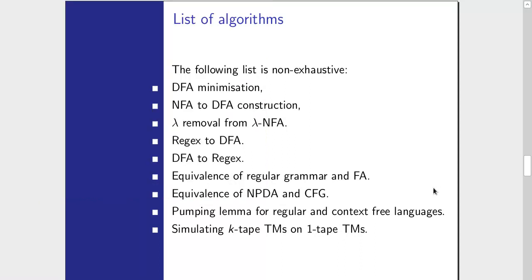We're going to look at the equivalence of regular grammars and finite automata. I spend a lot of time at the regular grammar level because that's the area of my research and I know quite a bit about it. But we will look at the equivalence of non-deterministic push-down automata and context-free grammars. We'll have a look at some pumping lemmata for regular and context-free languages as well.